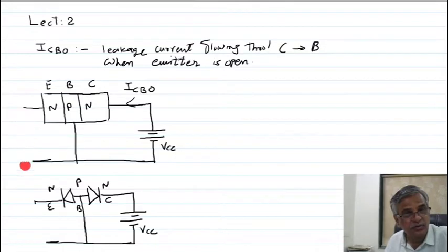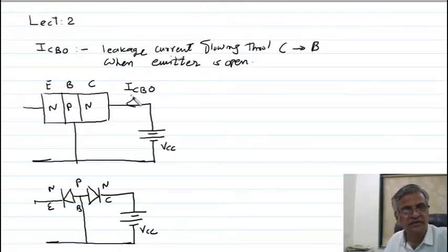When the emitter is open circuited and the collector is kept in reverse bias, then the reverse bias leakage current flowing from collector to base is known as leakage current, or it is called collector cutoff current, or collector to base current, passing from collector to base when the third terminal, the emitter, is kept open.